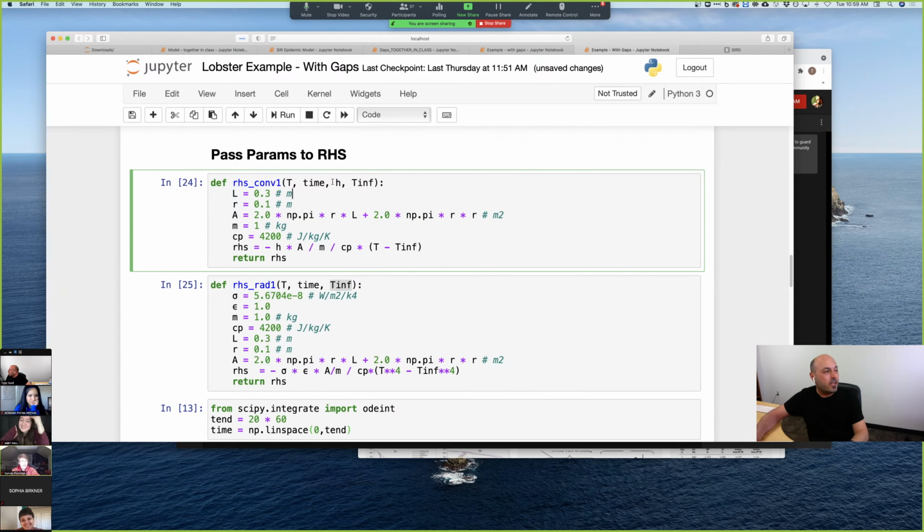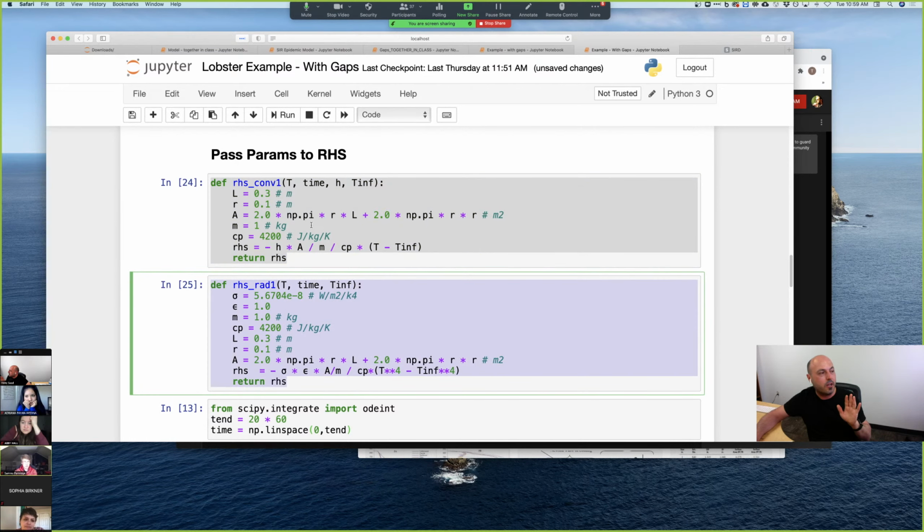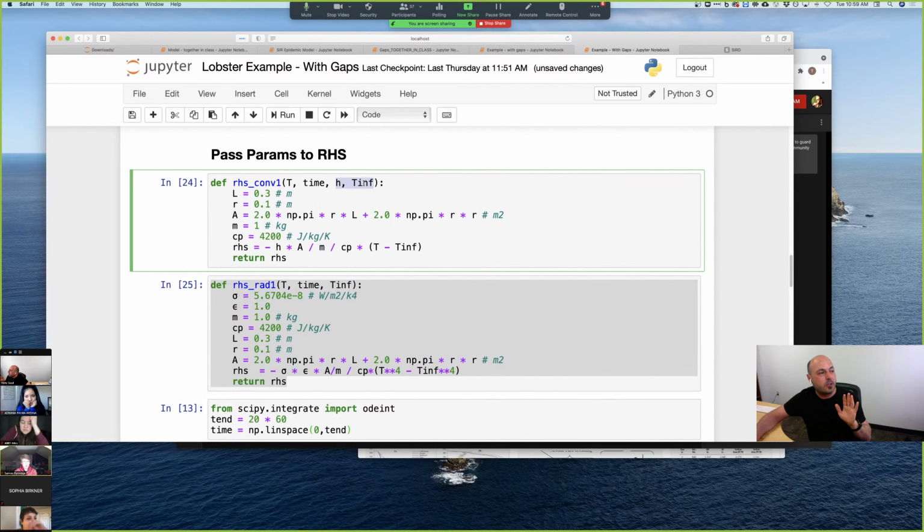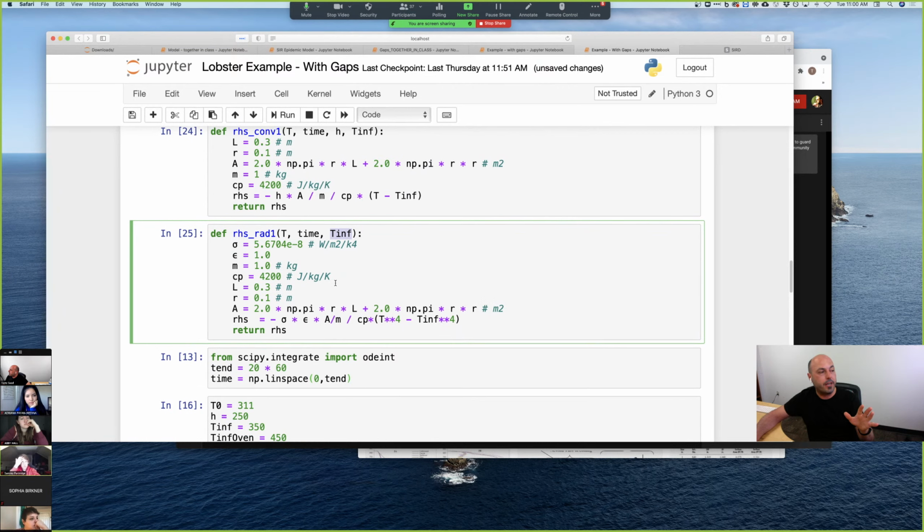Now that you're seeing it on Zoom, it makes more sense to you. So I defined two new functions here, RHS convection one and RHS radiation one. Notice how I'm passing two additional parameters here, H and T infinity for convection, because I want to change the fluid in which we are heating the lobster, and T infinity for the radiation.